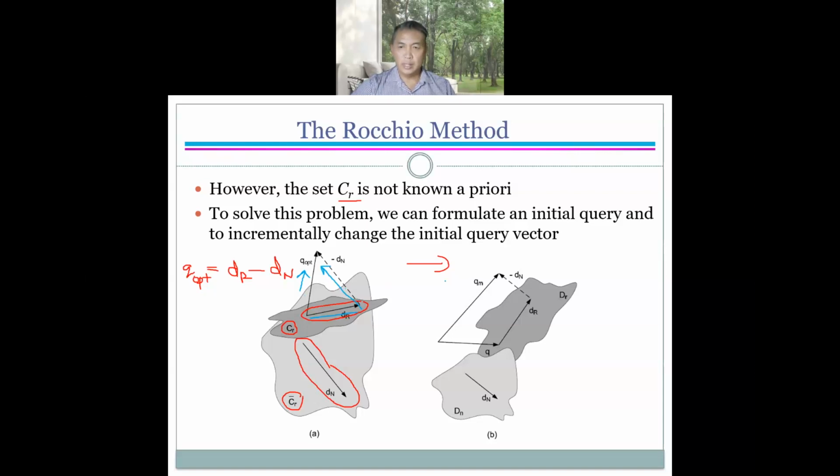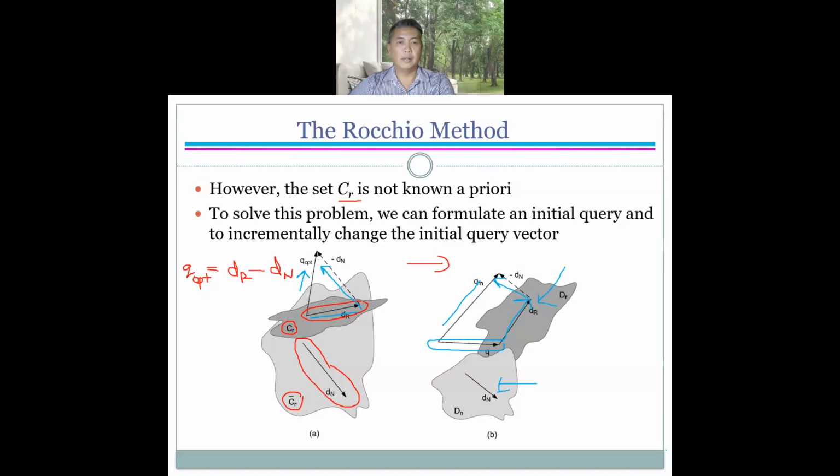But when you have the query here, and this is the direction of the relevant documents, and this is the direction of the non-relevant documents, what you have to do is take the query, move that initial query towards the relevant documents, and at the same time move away from the direction of the non-relevant documents. This is what we call the modified query.